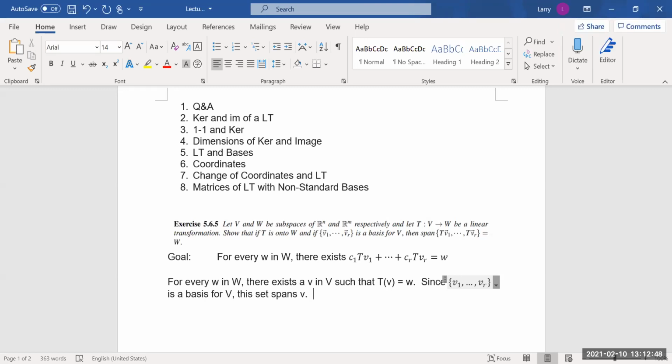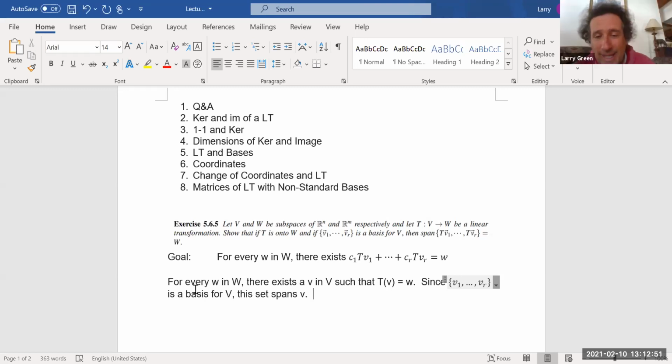So if it spans V, then I can write this little v here, capital V. Got to get this straight.